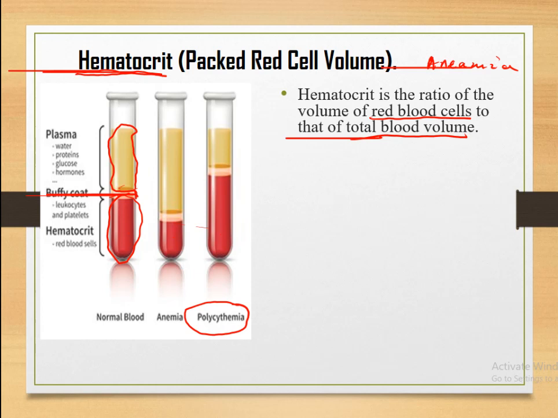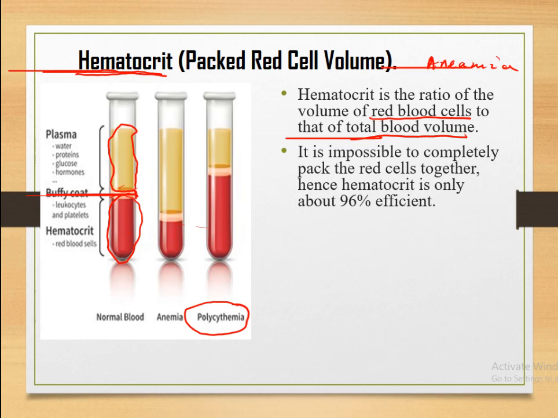Now, this process is not 100% accurate when we are trying to measure the amount of hematocrit. It is said to be 96% efficient, and that means it is not 100% accurate.